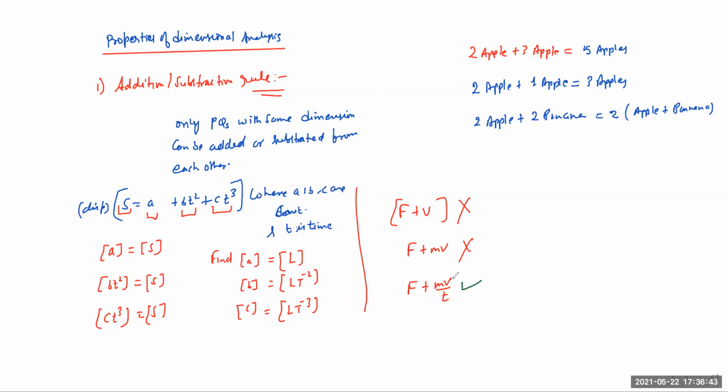Why can we add? Because the momentum upon time is having same dimension as force, because the rate of change of momentum is called force. So what essentially it is representing is the rate. Sir, because v upon t is acceleration and F equals ma, so same dimension. Yes, correct. So you can think in the way you want.